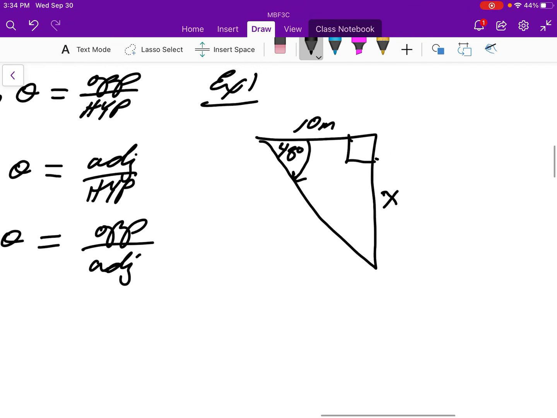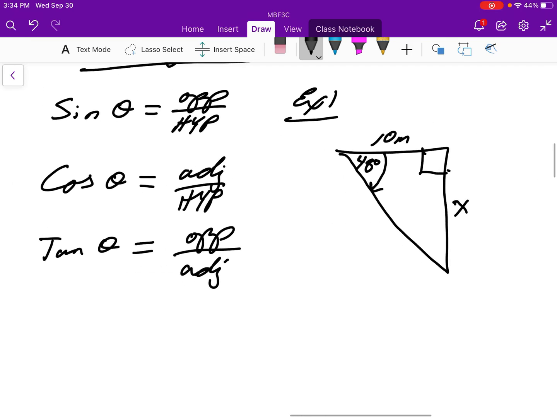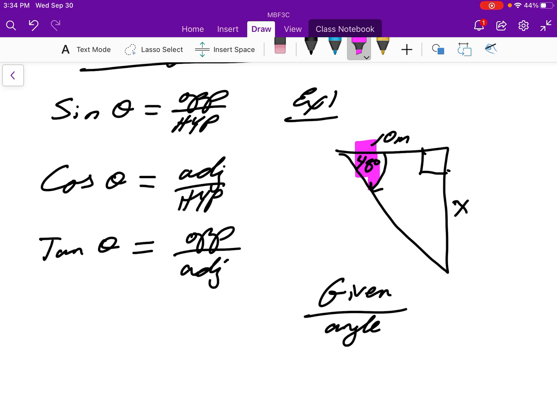What we need to do here is recognize which one of the primary trig ratios we're going to use. I'm going to start you off by asking, what is given to us? We have an angle, theta. This is the angle that's given to us.